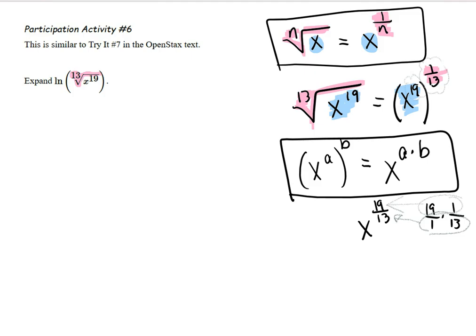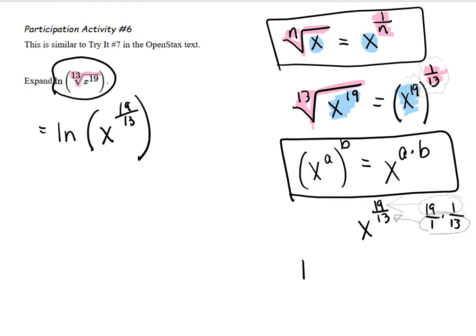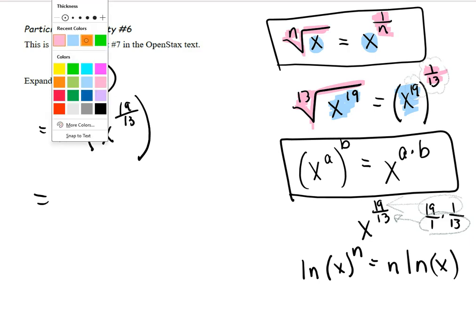So come back over here. I'm being asked to expand this, right? So this is going to become the natural log of x to the 19/13. And now I go back to that log rule that says, and it doesn't matter whether it's log or ln, I'll write it as ln this time, if you have the natural log of x raised to the nth power, that's going to be n times the natural log of x.